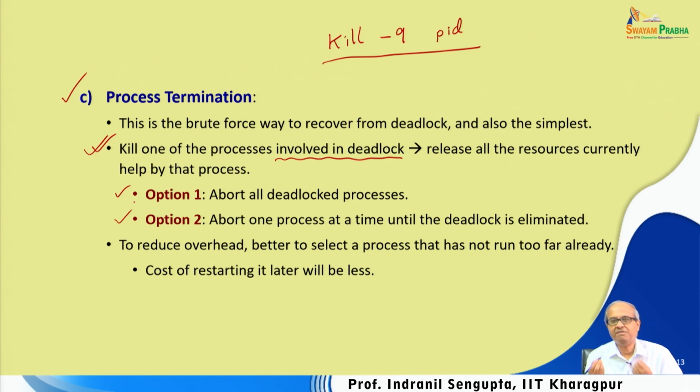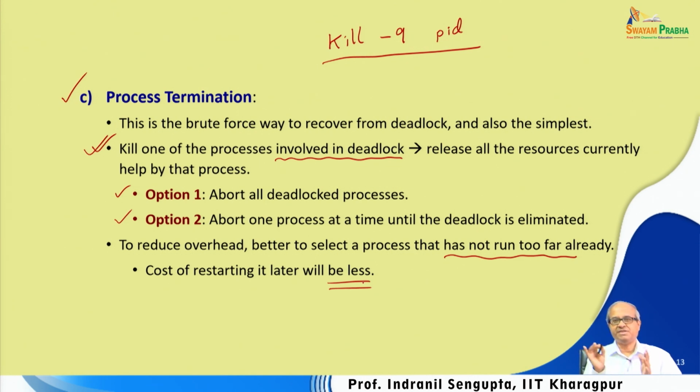So, if there are 3 processes you have to decide which one to kill, you find out how much execution these processes have already gone through. The process which has consumed a lot of CPU time, better not to kill it, because if you restart it later, it will again have to run for so much time. So, try to select a process that has not run too far. That may be a better process to select, because the cost of restarting will be less.